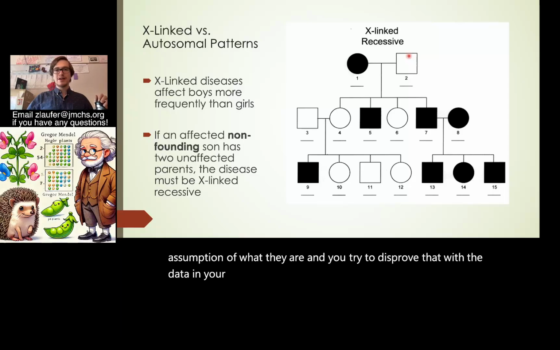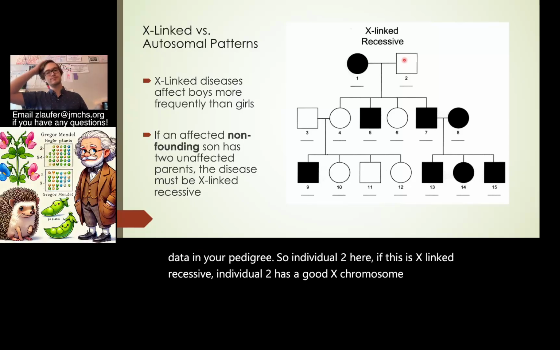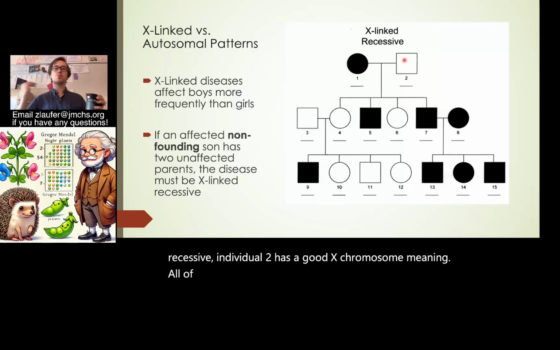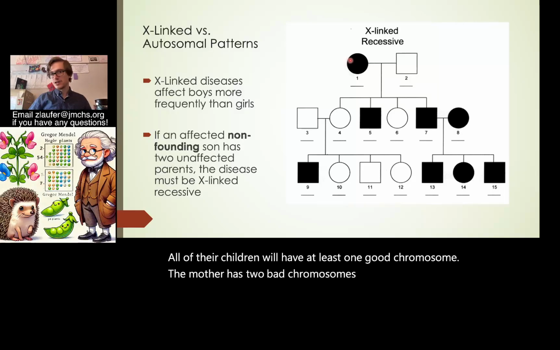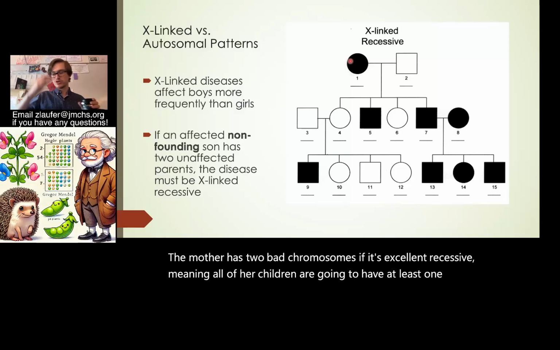So individual 2 here, if this is X-linked recessive, individual 2 has a good X chromosome, meaning all of their children will have at least one good chromosome. The mother has 2 bad chromosomes if it's X-linked recessive, meaning all of her children are going to have at least one bad chromosome for this trait.